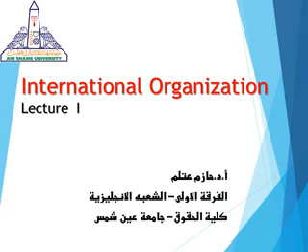The most important principal organs of the UN are, on the one hand, the plenary one, the General Assembly; on the other hand, the executive organ, the Security Council; third, the judicial organ of the UN, the International Court of Justice; and fourth, the Secretariat of the UN, the administrative organ.